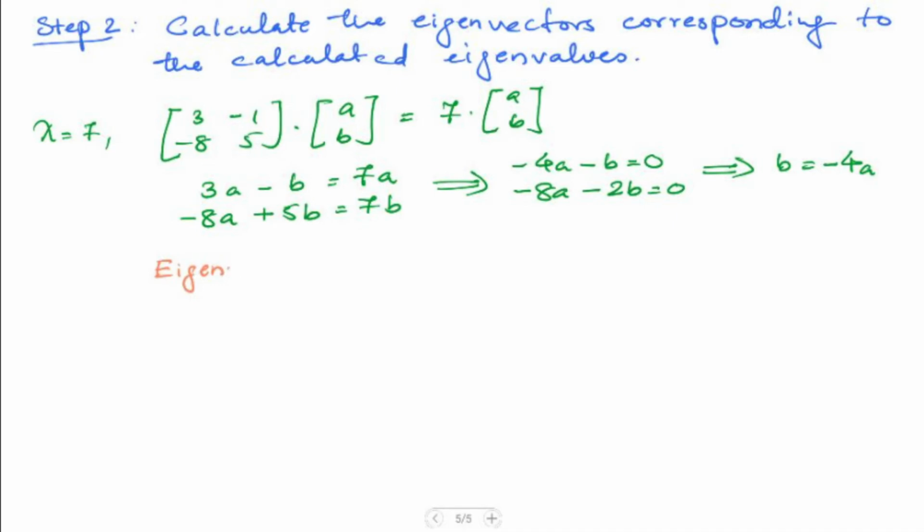The eigenvector will be, for a we got, let's take a as r.